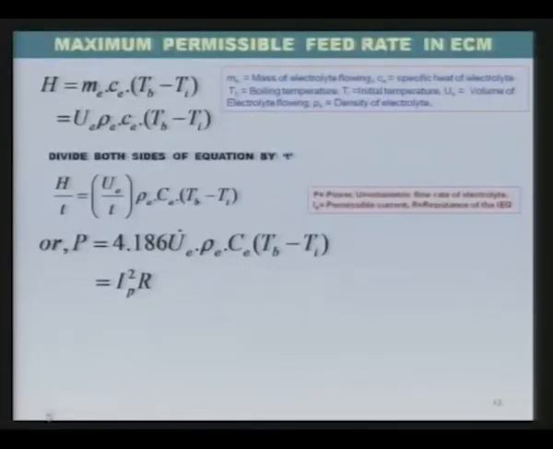And R is resistance of the interelectrode gap, that is given over here, I_P squared R.